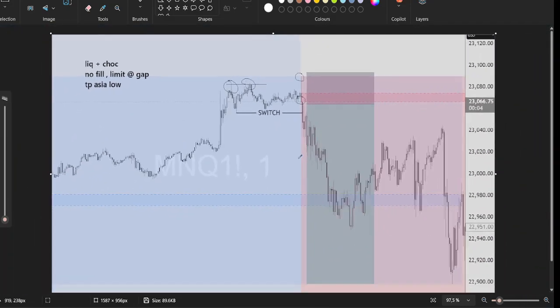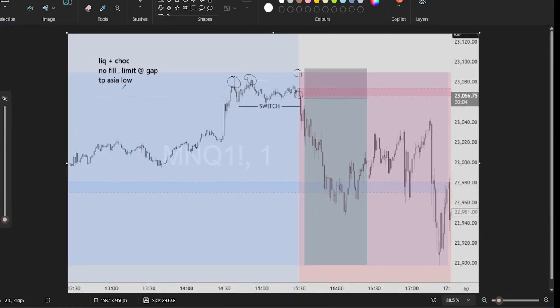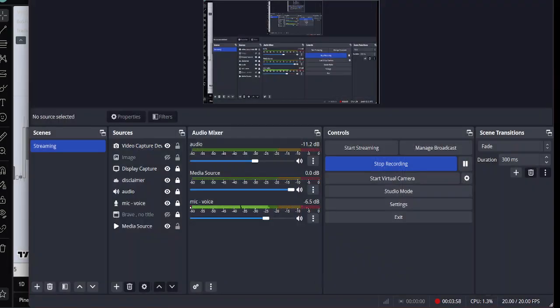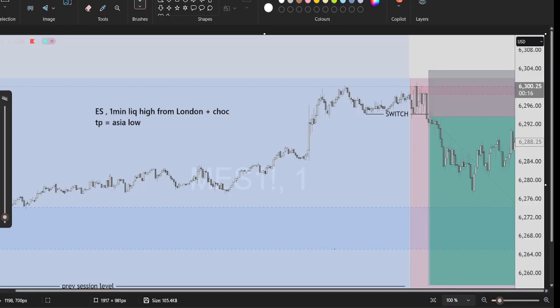We run far away, and that's why this chart is named no fill. But yeah, sure, we could market execute, but that's not what this is about. So this, don't save, and we go to the final chart where we actually have a fill.